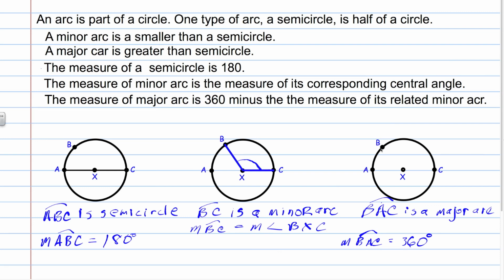And in this case, the related minor arc is BC. So minus the measure of arc BC. And there's a little bit about major arcs, minor arcs, and semicircles.